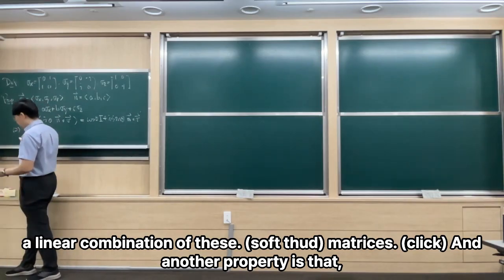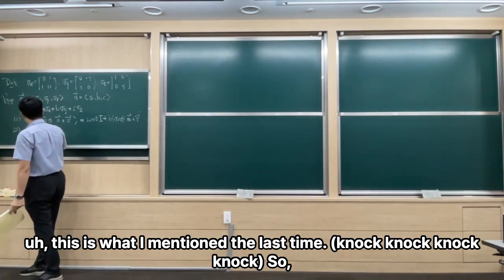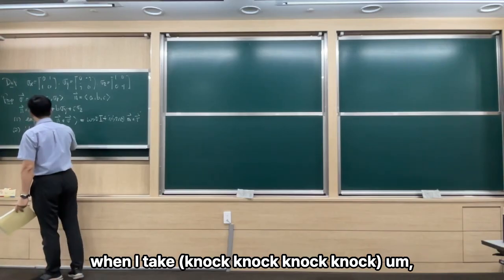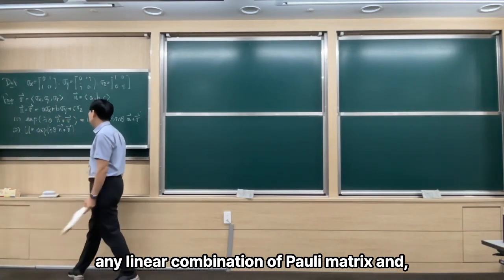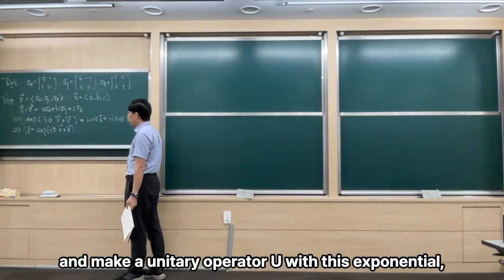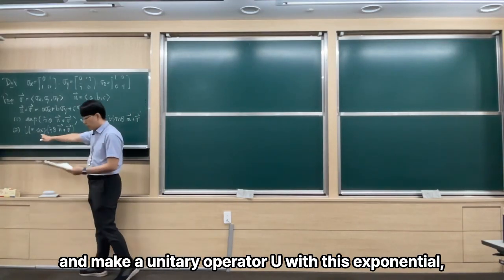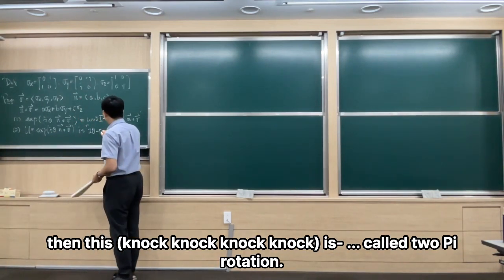And another property is what I mentioned last time. When I take any linear combination of Pauli matrices and make a unitary operator U with this exponential, then this is called a 2 theta rotation.